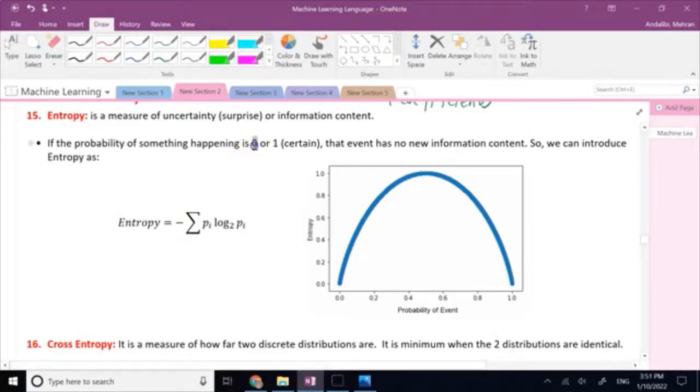If something is certainly happening, the probability is 1, or certainly not happening, probability is 0, we say there is no surprise, no new information in it. If it's happening with a probability less than 1, then it has some new information or some surprise in it. Let me make it simple with a very simple analogy.